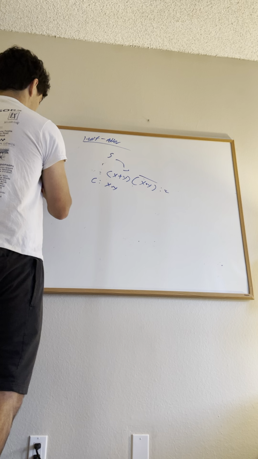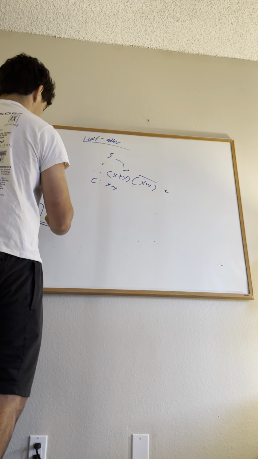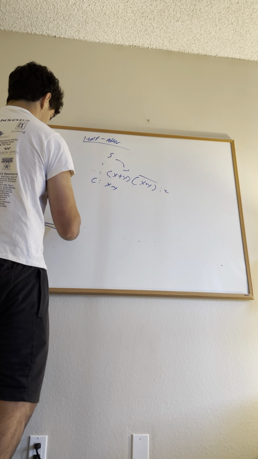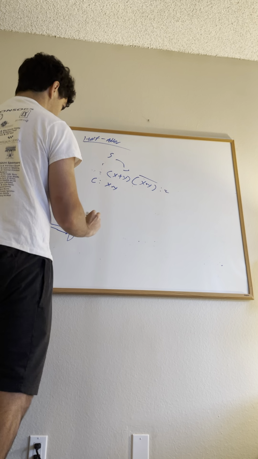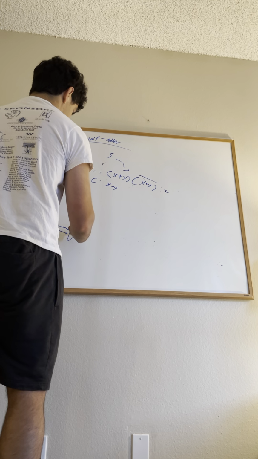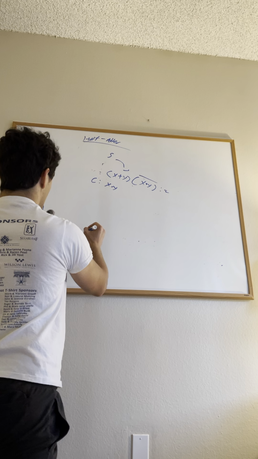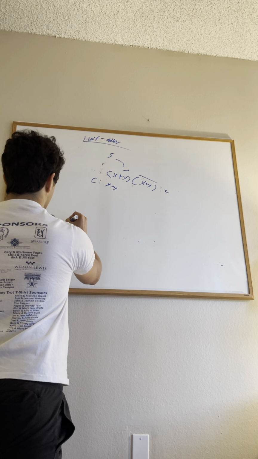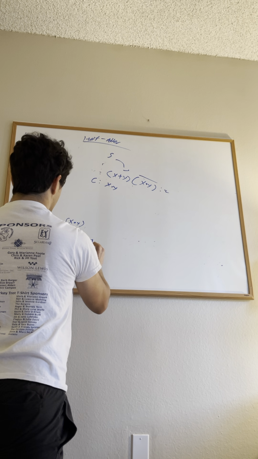So we'll put both of these through an AND gate. And then this will be the output of this. So this is x times y. The output of this is going to be our carry.